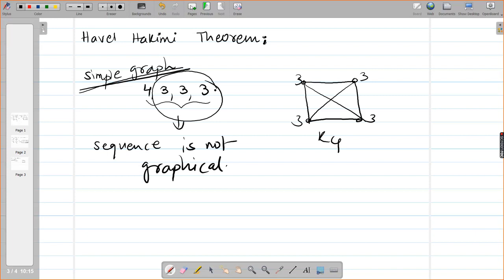So the Havel-Hakimi theorem will help us tell whether the given degree sequence is graphical or not. Degree sequence is graphical means you can draw such a simple graph with those possible numbers of vertices having those particular degrees.